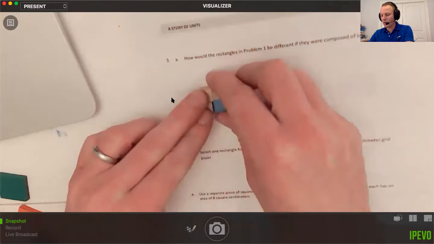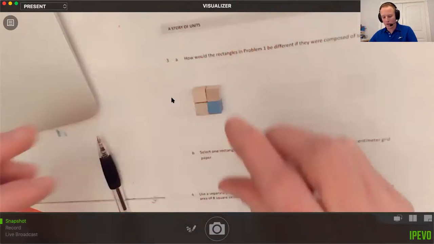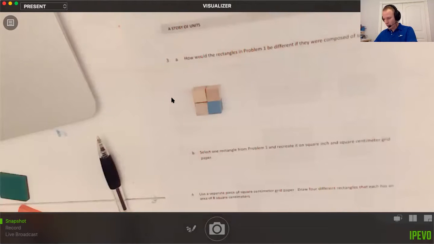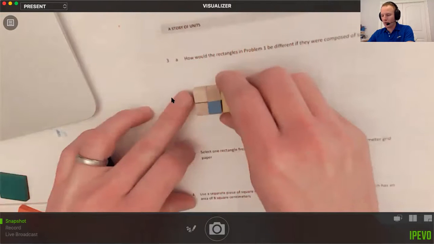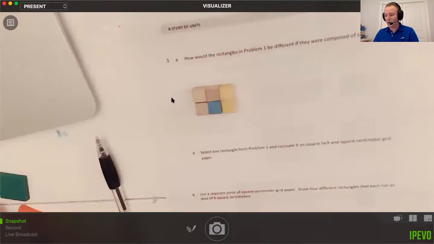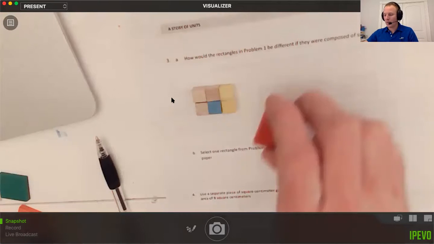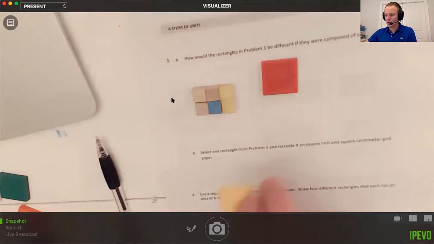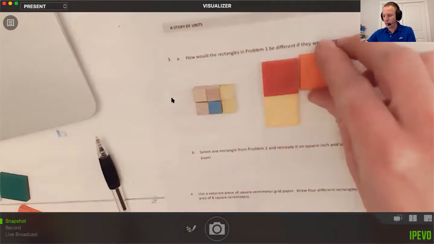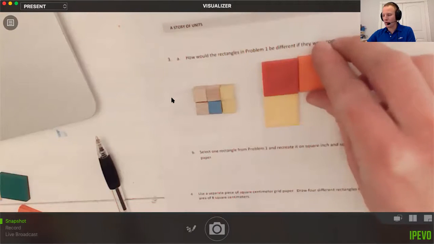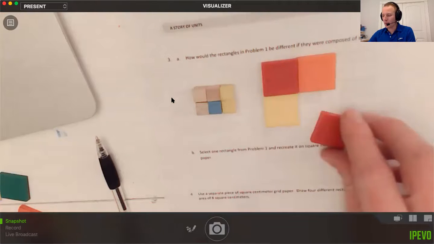So this is eventually going to make a 6 square centimeter model for you. So there you see 6 square centimeters, right? Now I'm going to make 6 square inches using my square inch tiles.